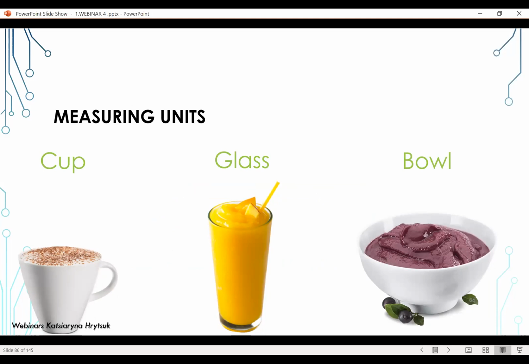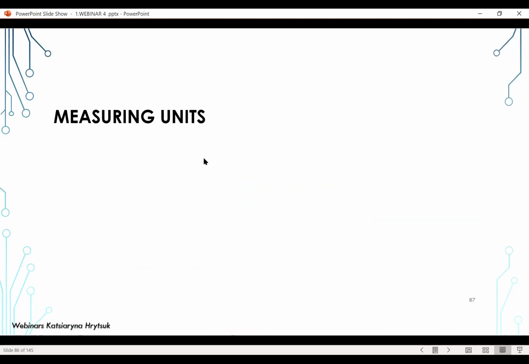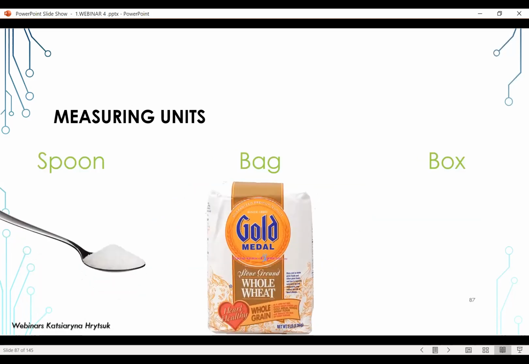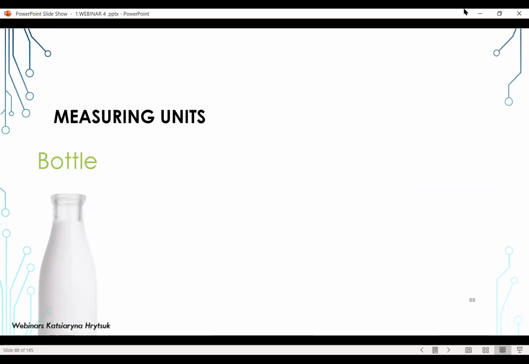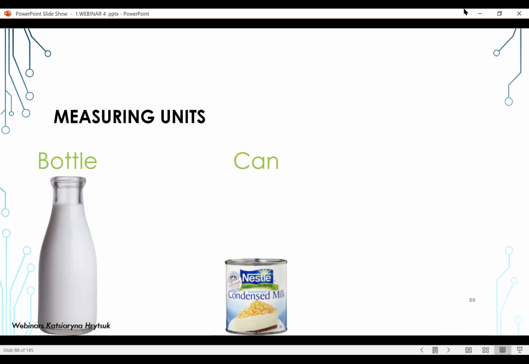So when we use measuring units, we can measure uncountable nouns. Spoon, bag, easy. Box of cereal. Next, bottle, can. It's not I can jump, it's a can, this aluminium.